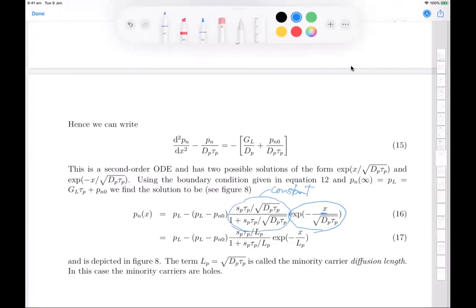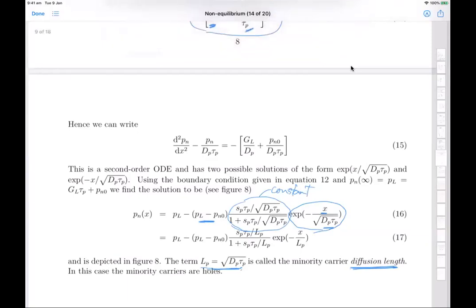And again, we have the excess amount of carriers that are generated by the light. We can introduce a term here, which is the square root of the diffusion coefficient and the minority carrier lifetime, and this is known as the diffusion length.